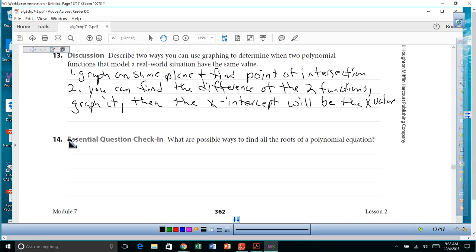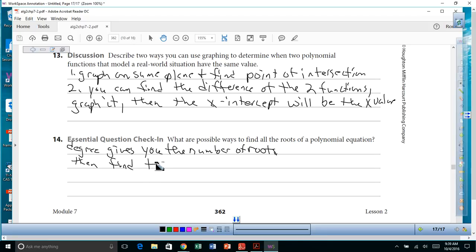So the degree gives you the number of roots. And then, like I said, you can use the rational root theorem or the zero product property to find the rational roots.